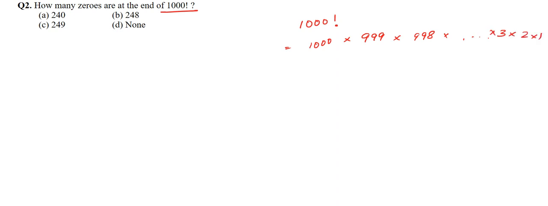So you can check, we have 1000 terms multiplied together, and this is not possible to multiply. This is not even possible for a normal calculator.